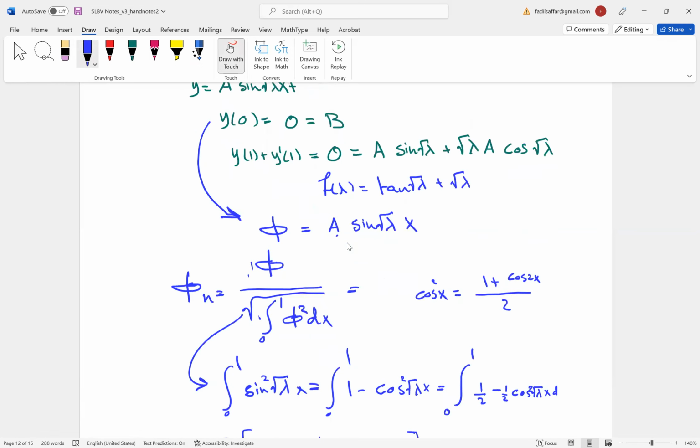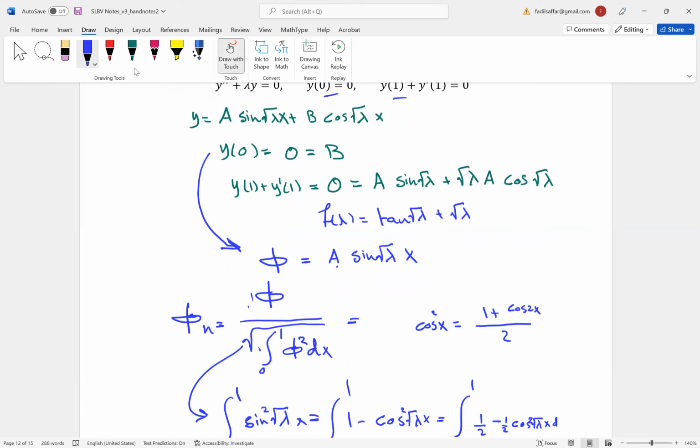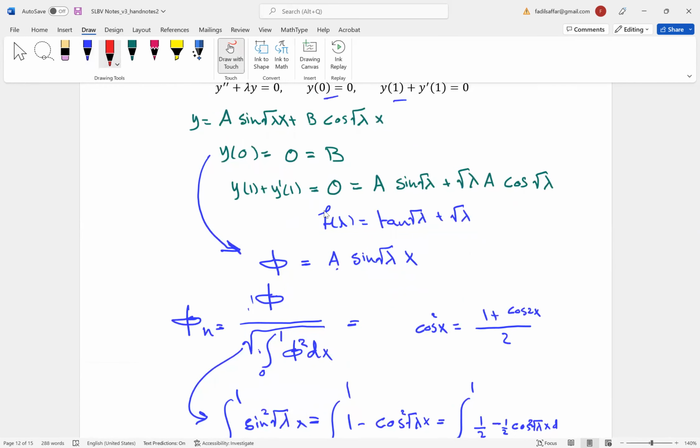And now I want to use one of the facts from the characteristic equation, which I should have written here. Here we have the non-trivial solution. Here you'll see that sine of square root of lambda equals negative square root of lambda times cosine square root of lambda.